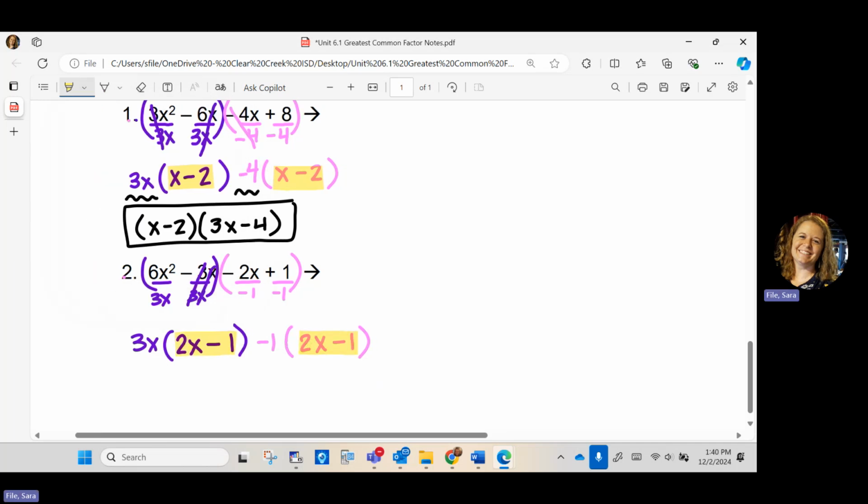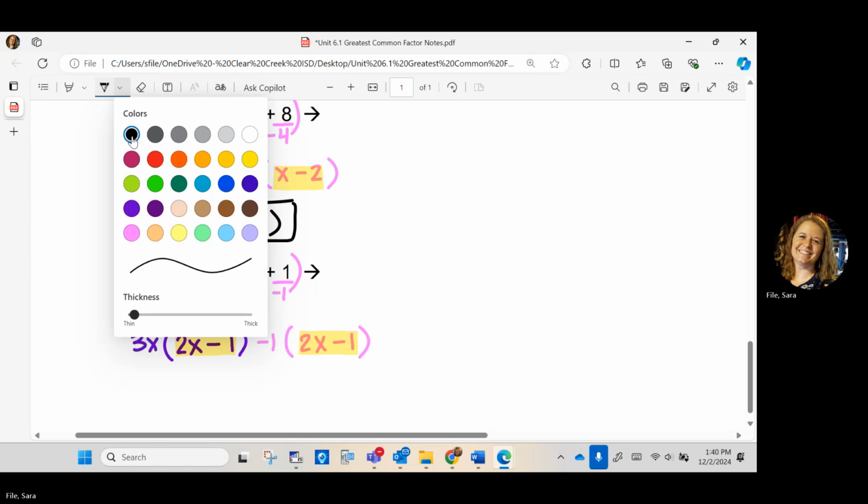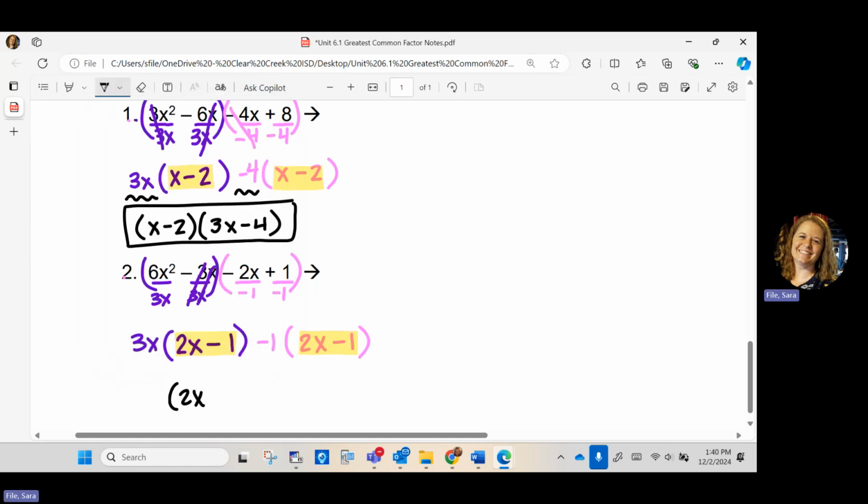So since those two match, 2x minus 1 is a factor. And then I bring together my GCFs. So 3x minus 1 is also a factor. So those are the two factors that if I were to multiply them back together would get me that original 4-term polynomial.